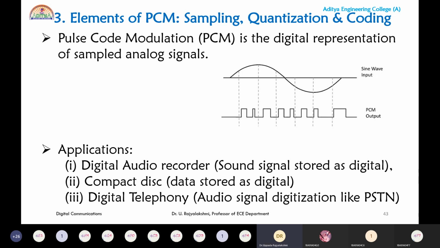The first application is the digital audio recorder. What will the digital audio recorder do? It will record the audio signal, or the sound signal, and store it in the form of zeros and ones. Our audio signal is stored in the form of digital data.